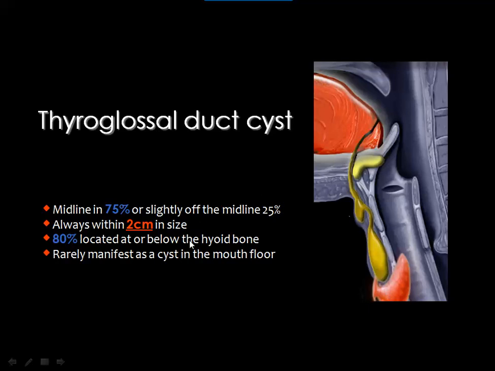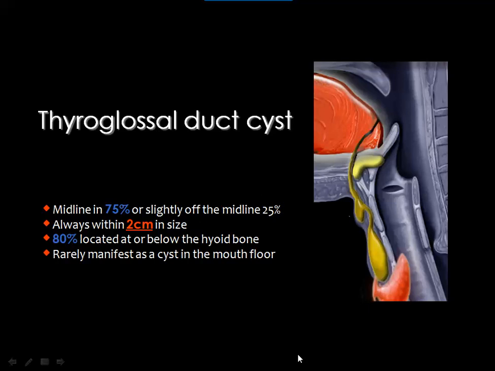Then this lesion is usually located in the midline or slightly off the midline. The average size is about 2 centimeters, but it may be bigger or smaller. And 80% of the lesions are usually located at the level of the hyoid bone or slightly lower than the hyoid bone. And this cyst is rare in the mouth floor.